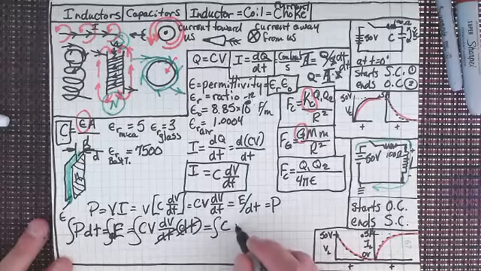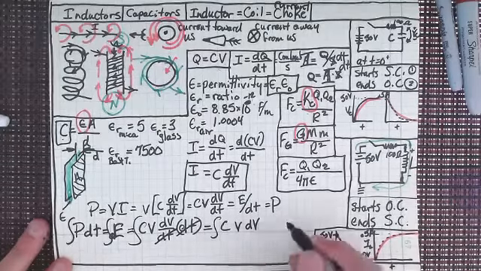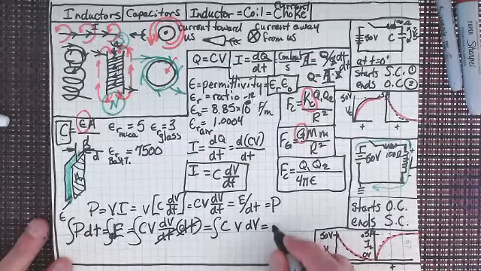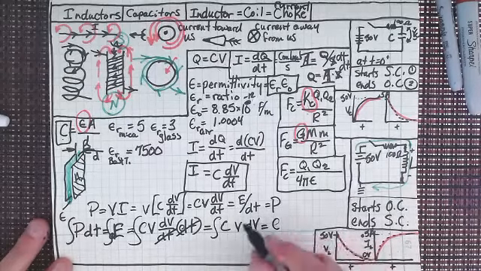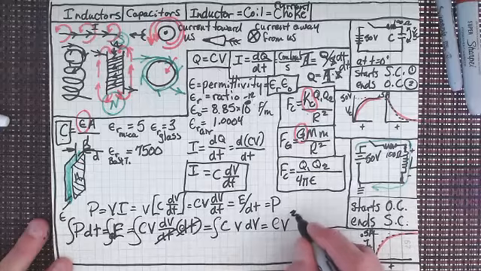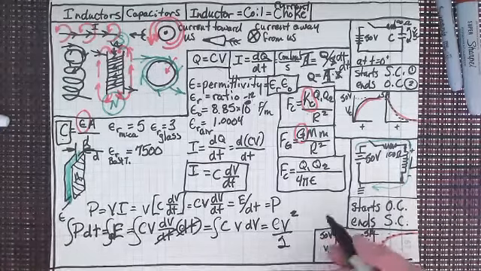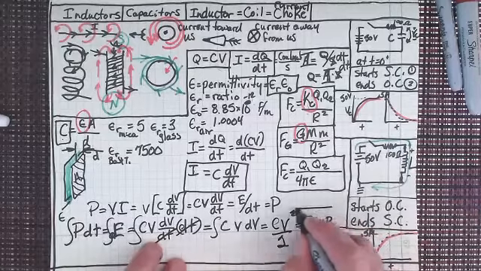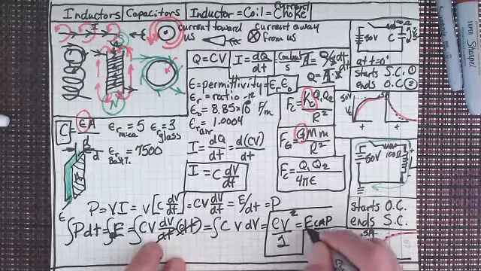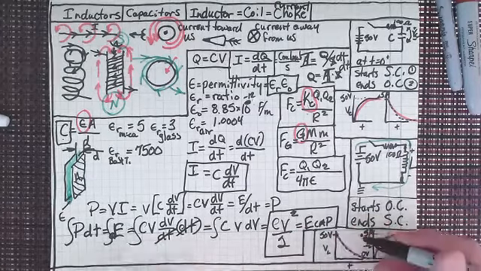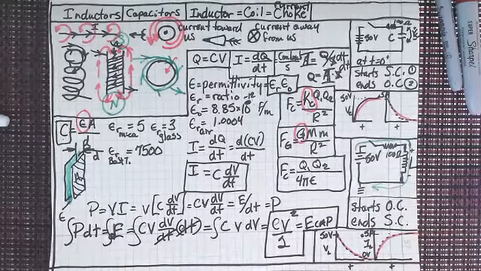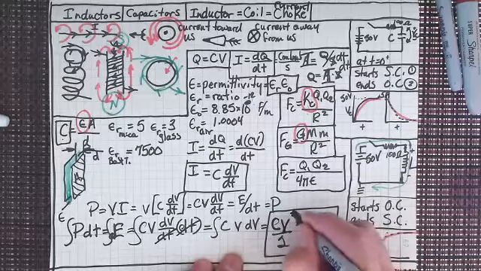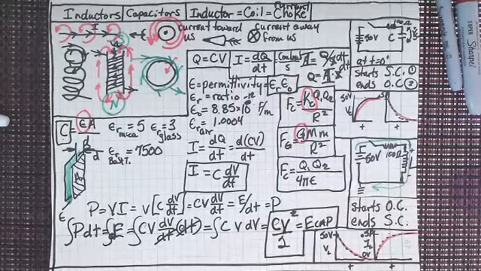Once C comes out, V dV is just going to be V squared over 2. That's right. The energy I can store in a capacitor is equal to 1/2 the capacitance times the voltage squared. Okay?